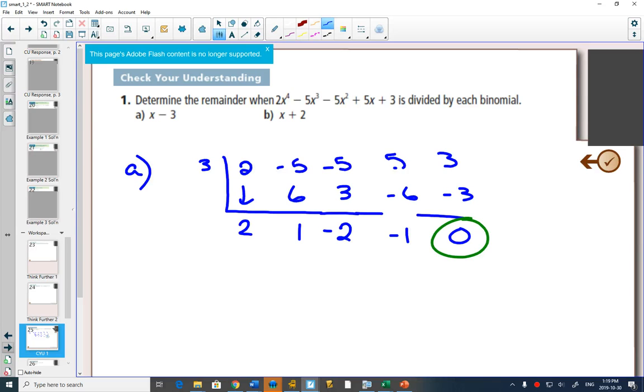Or you can use the remainder theorem, and I'm going to let p of x equal all of that. So the remainder theorem says plug in 3.